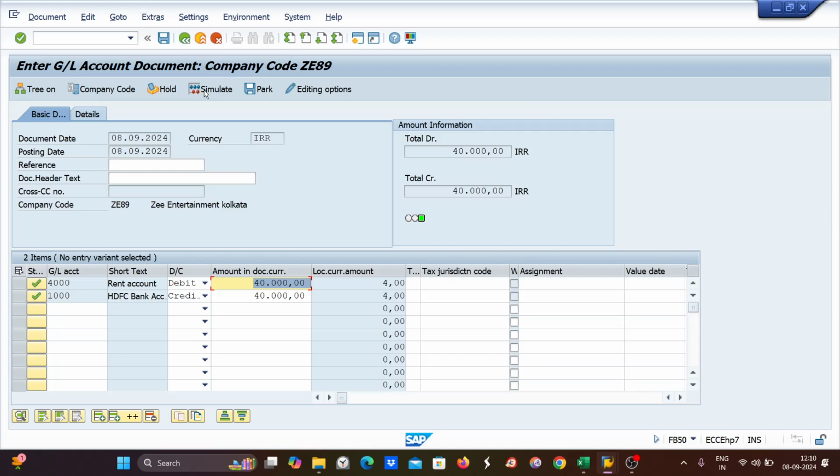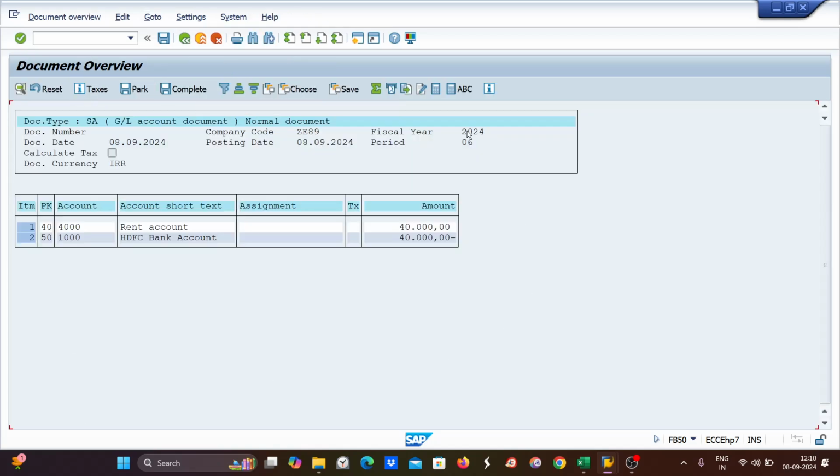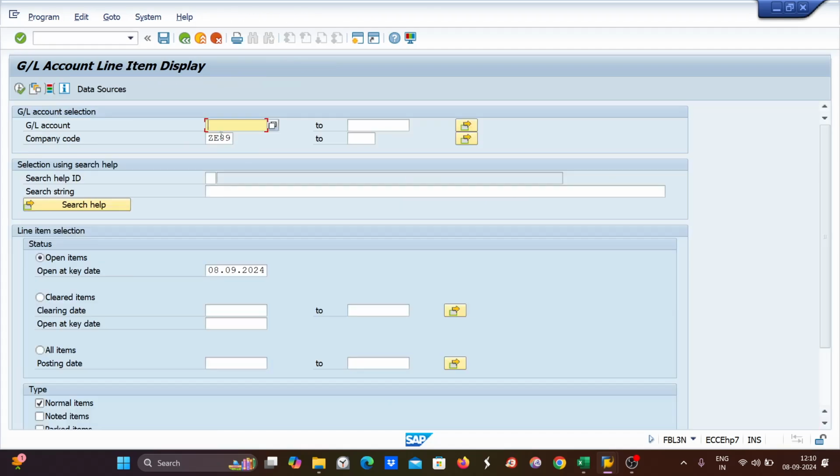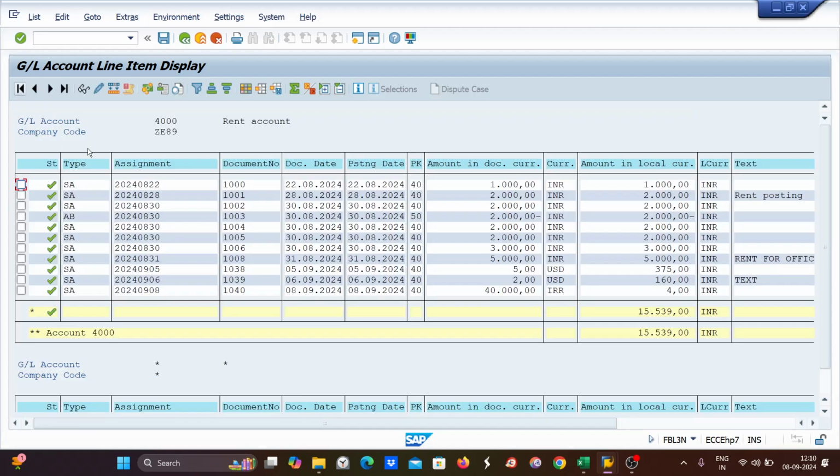That's it. Just simulate it. Here is the posting done. This is in IRR. Just post it. Okay? Now if you want to see again in the local currency, just do /n FBL3N and just write down 4000. Execute. This was the last entry, correct?